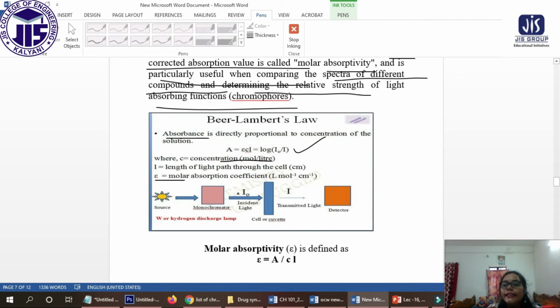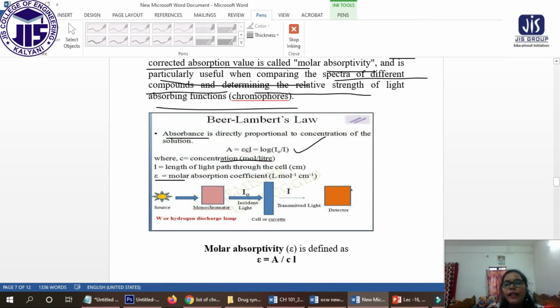The incident light is I0 and the transmitted light is I. So we can get the absorbance, A equals epsilon Cl, which depends on the concentration of the solution and also the length of light path through the cell, and that equals log I0 by I, where I0 is the intensity of the incident light and I is the intensity of the transmitted light.